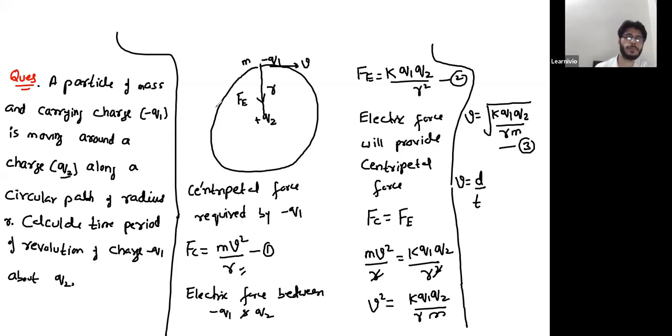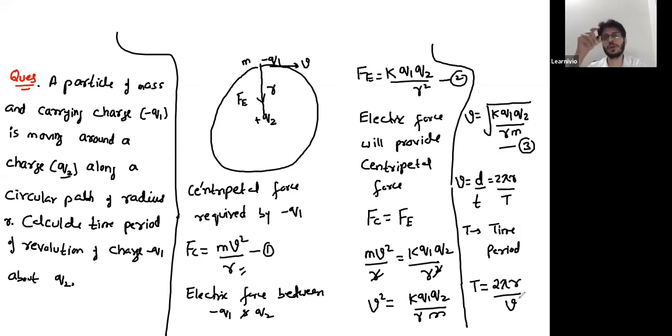That would be 2 pi r, the circumference of the circle. And the time taken to complete one revolution is the time period T. So from here you can write that T is 2 pi r over v. Time period simply means time taken to complete one revolution.